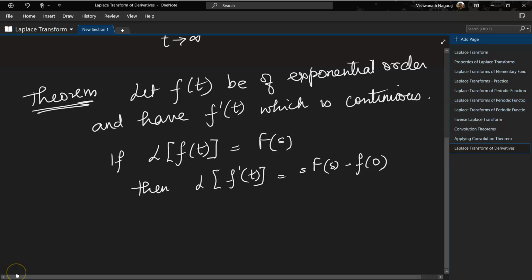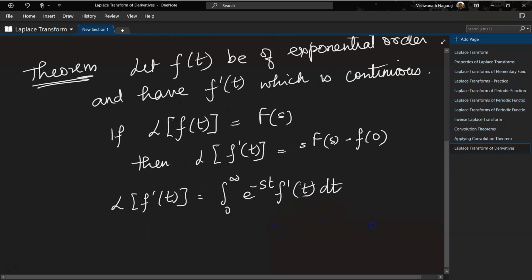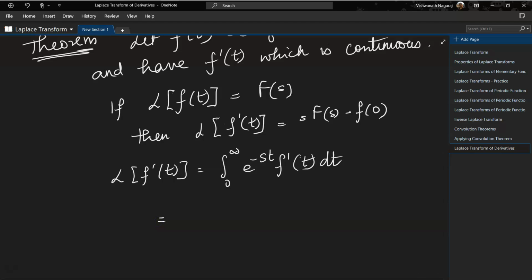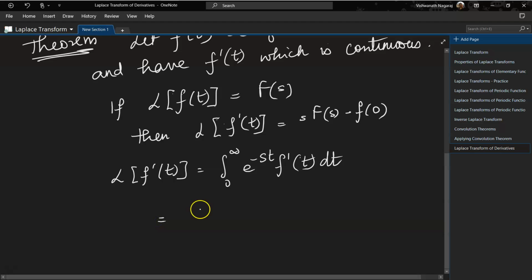Let's prove this. So Laplace transform of f prime of t is equal to the integral from 0 to infinity of e to the power of minus st f prime of t dt. This is nothing great. Now let's integrate by parts.